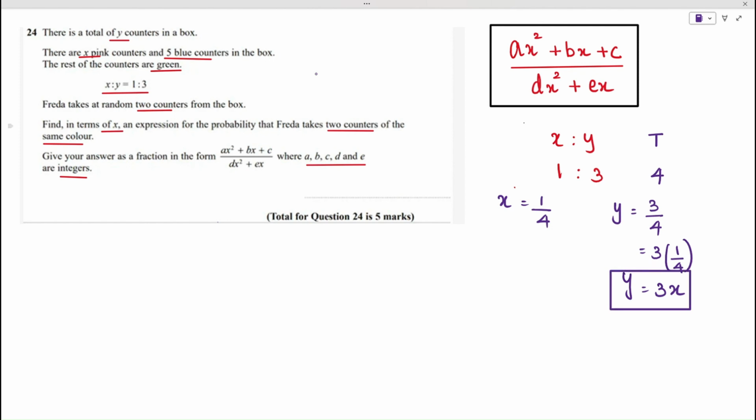Now we're going to find the number of each counter. We're already told in the question that x is the number of pink counters, 5 is the number of blue counters, and the rest of the counters are green, with y being the total number of counters in the box. So we'll have our pink, blue, green, and our total. The number of pink is x, which can remain as x. The number of blue is 5.